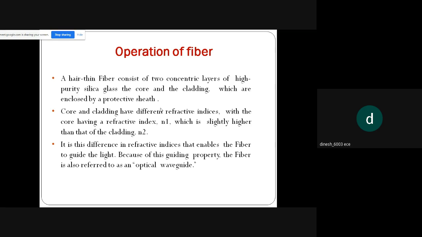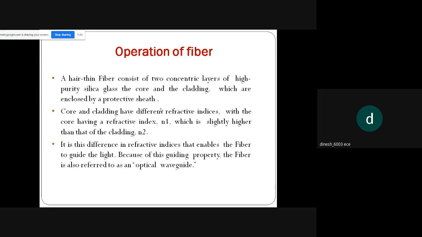The core and cladding will always have different refractive indexes, where the refractive index of the core is given as N1, which is slightly higher than the refractive index of the cladding, defined by N2. So core refractive index N1, cladding refractive index N2, and N1 is greater than N2 always.